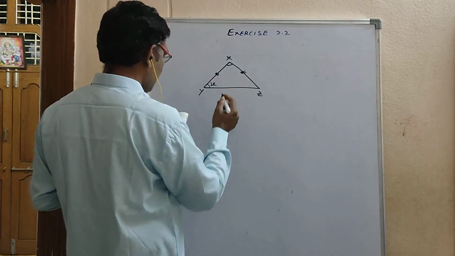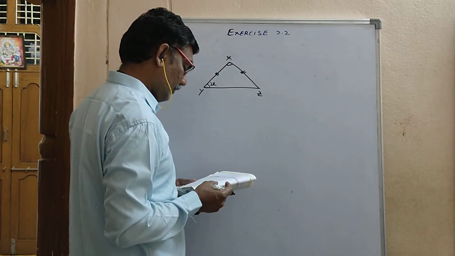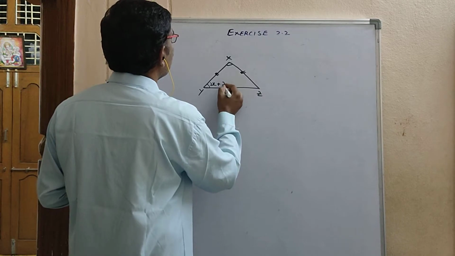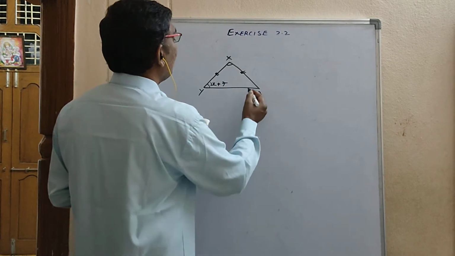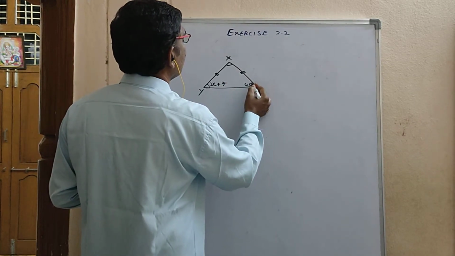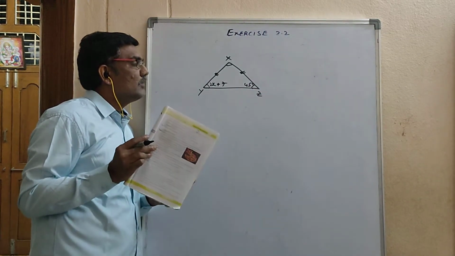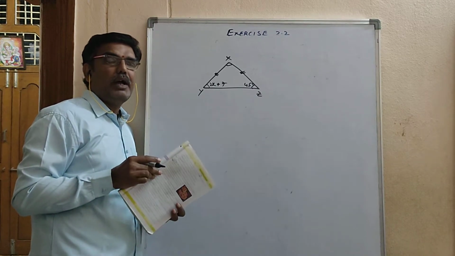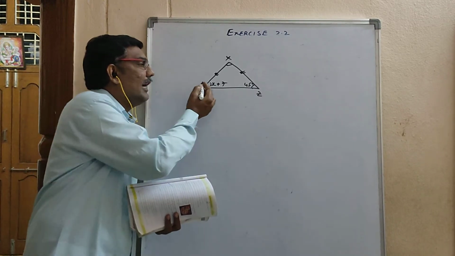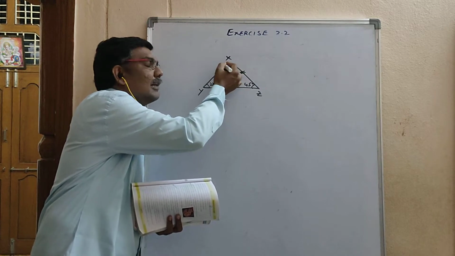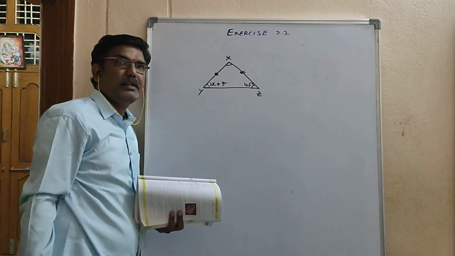It is 2x plus 7 and this angle is 45. So this much only is given for us. What do you have to do? You have to find the value of x, this one, not this angle. This x value you have to find.